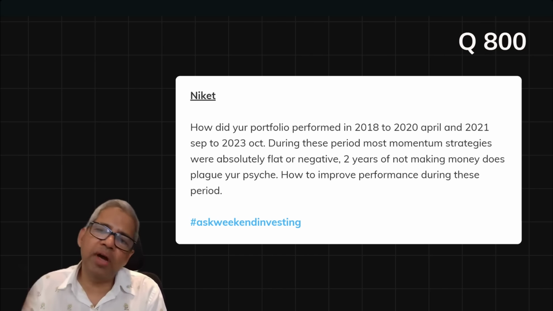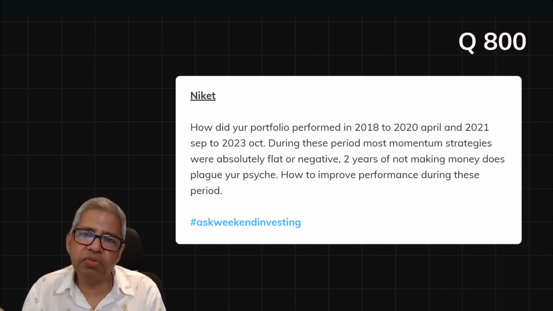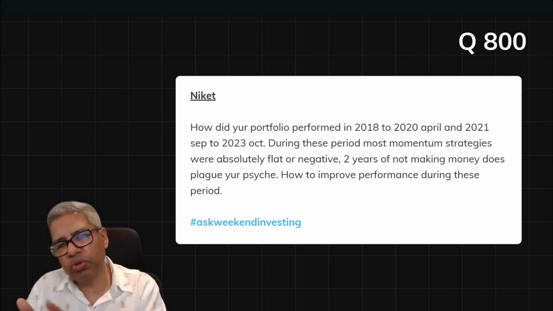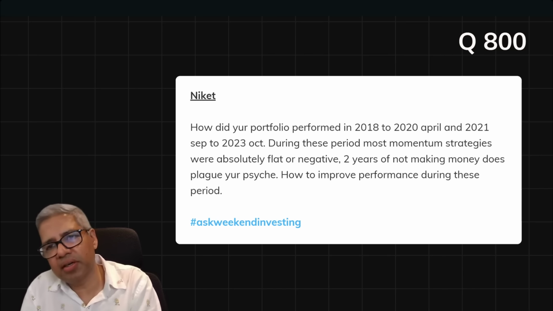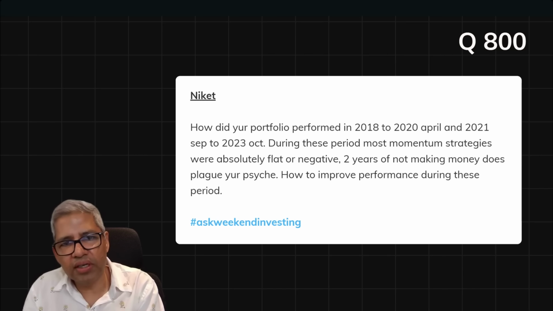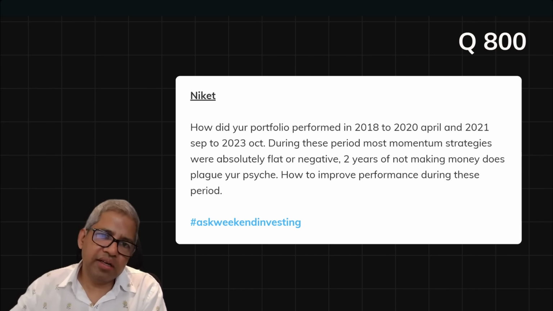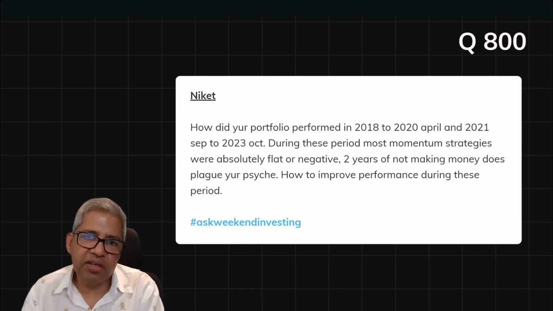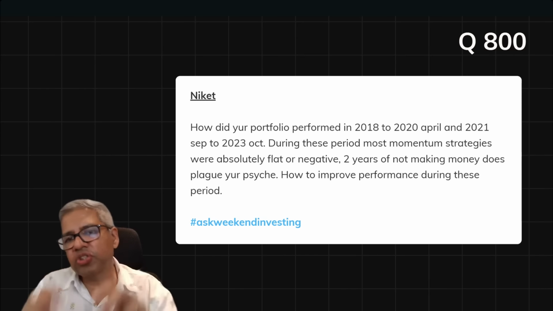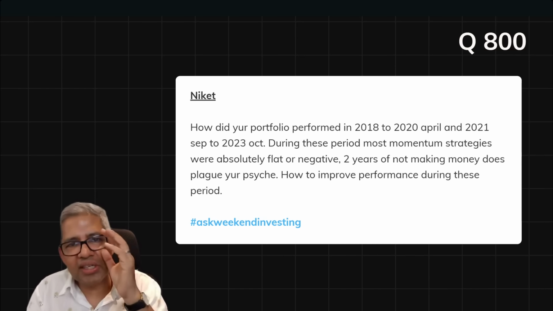And post 2020, you had the biggest bull market in recent times. And 2021 to 2023, you were coming out of a major bull market, and post 23 October, you had another great run. So why are we focused just on those periods? Those were resting periods for the market.